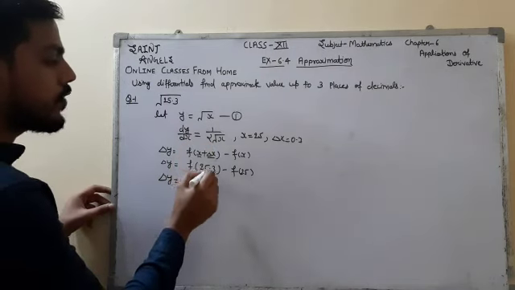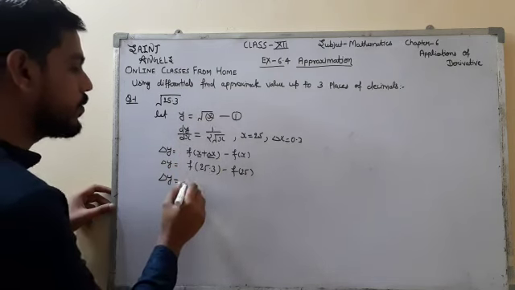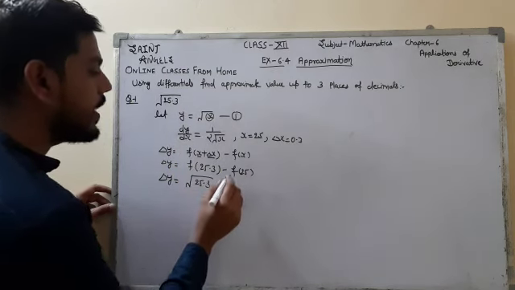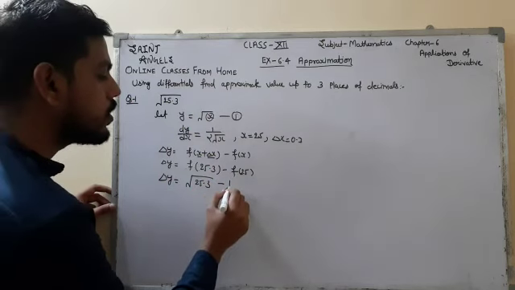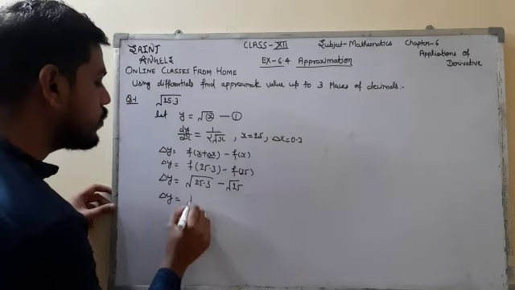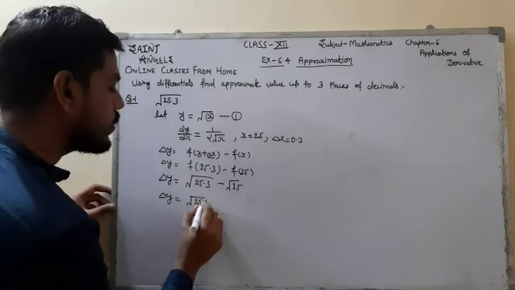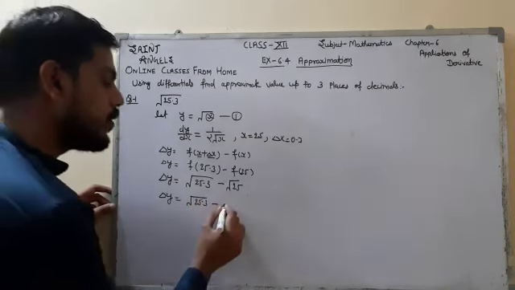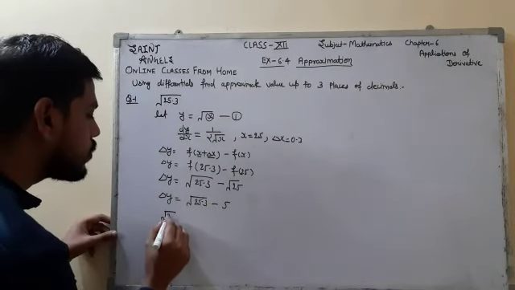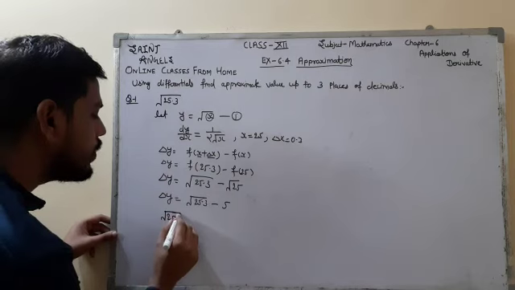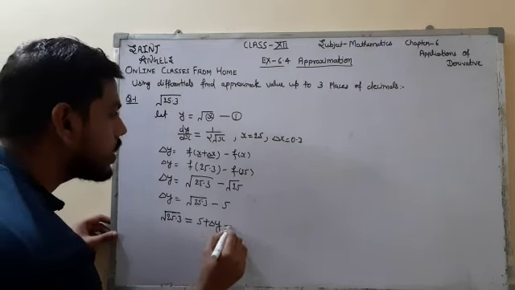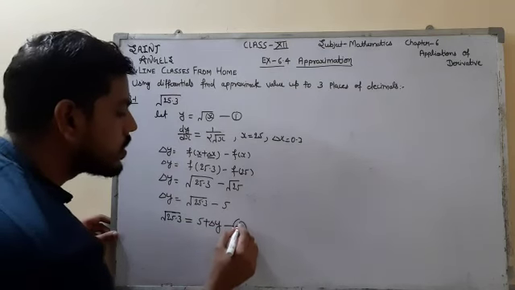Put 25.3 in the place of x, so it becomes root 25.3, minus f(25), which is root 25. So delta y would be root 25.3 minus 5. So from here, root 25.3 would be 5 plus delta y. Consider this as equation number 2.